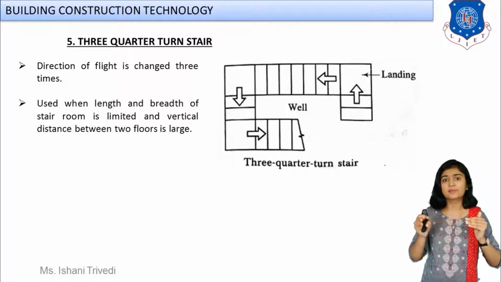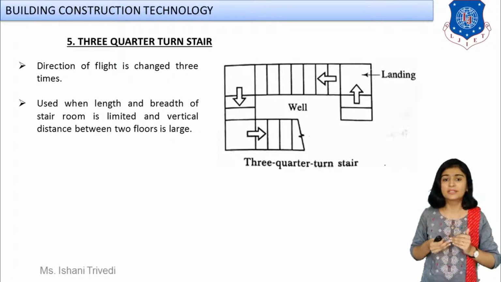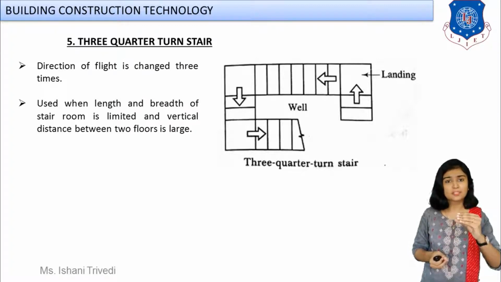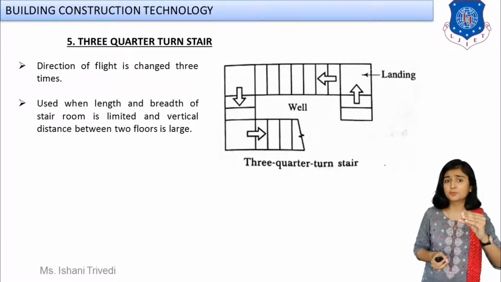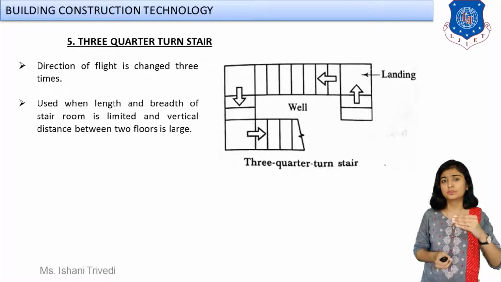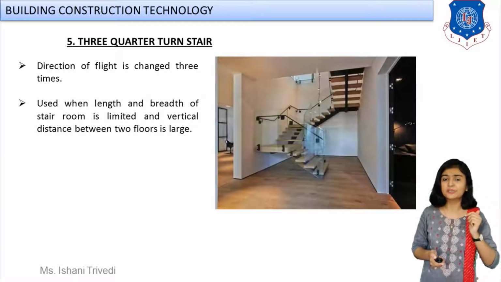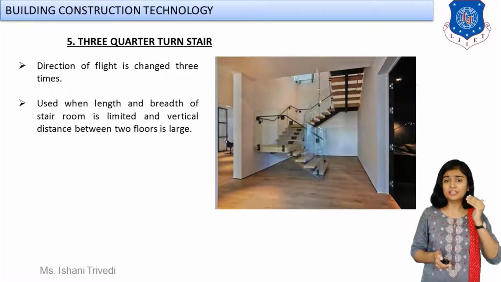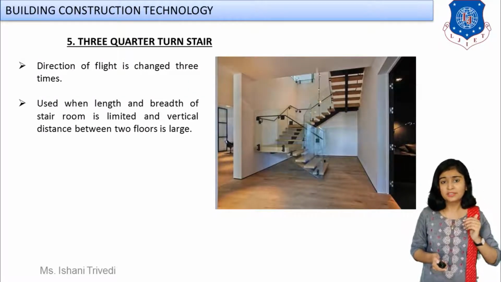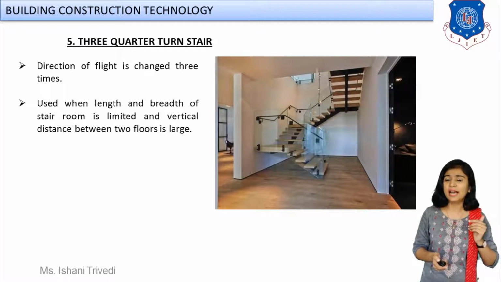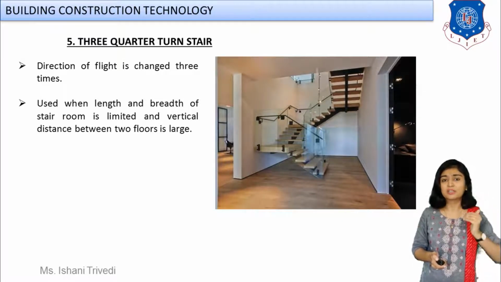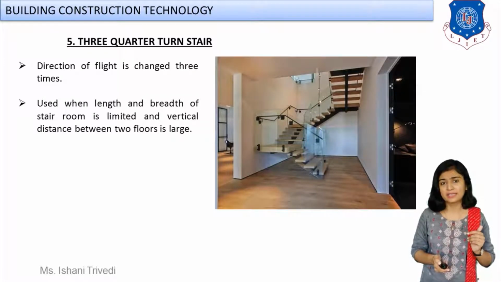Hence this way it makes your 3/4 turn stair. In between you will have the space. You know, if the space is provided between two flights, then it is known as well or open well. So all of these things you can see over here, and also I am flashing the real image over here, that how it looks. You can see how first, second and third 3/4 turns are provided in the staircase.